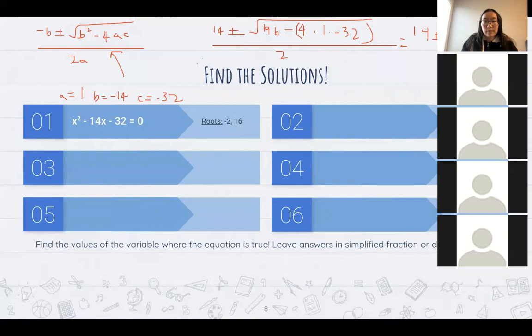196 minus 128. And 196 minus 128 just equals 68. Oh, wait. That seems like it might be off.